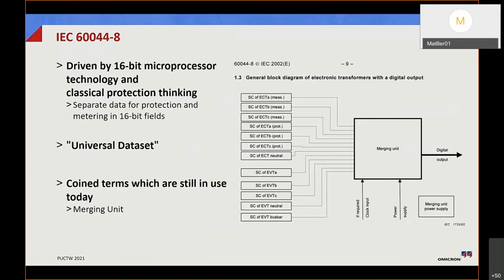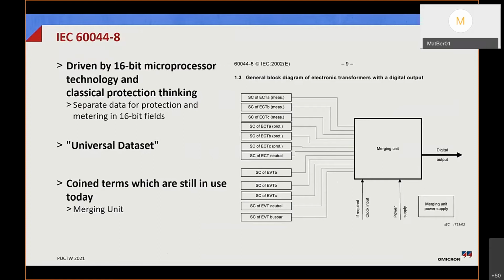And the thinking of what can be achieved was very much driven by these technology restrictions that they had. By the way, this was very similar with the development of the IEC 60870-5 standards for communication in substations, only that they had 8-bit microprocessors when they started working on that.